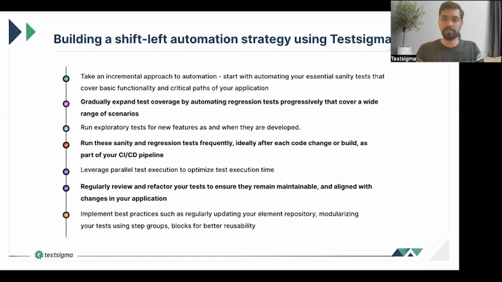What I mean is, let's say login is a scenario that comes up in multiple tests. Login will be a separate module, and then they keep reusing that everywhere, so that the time it takes to create and later maintain those tests is relatively low. Those are some of the best practices.